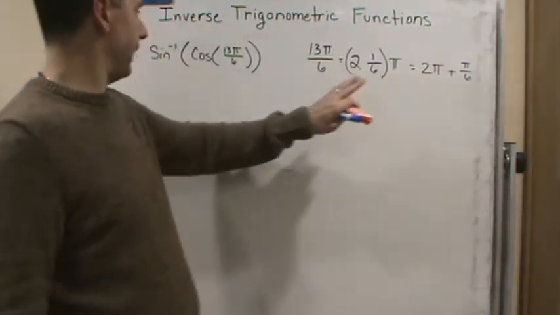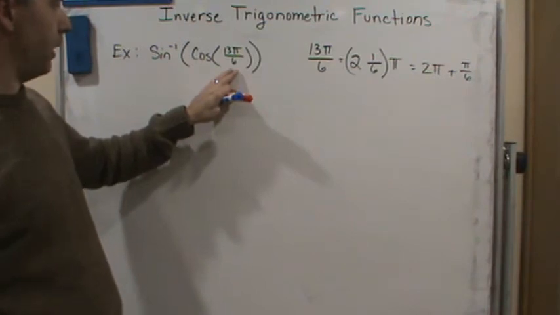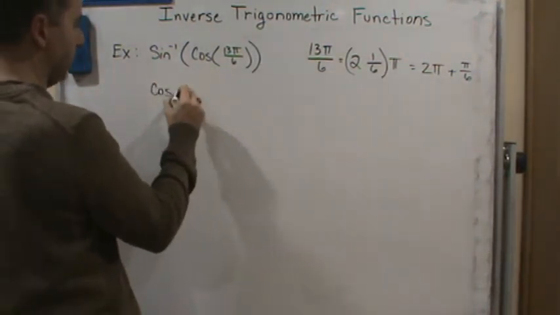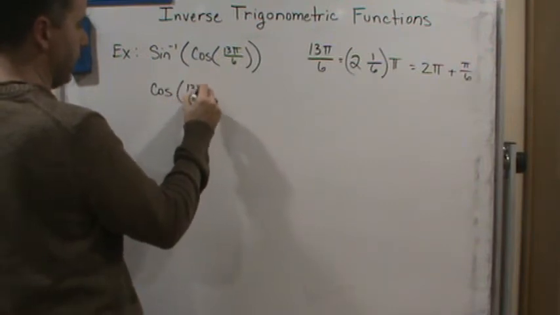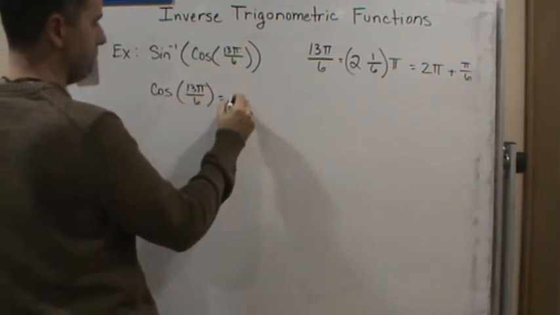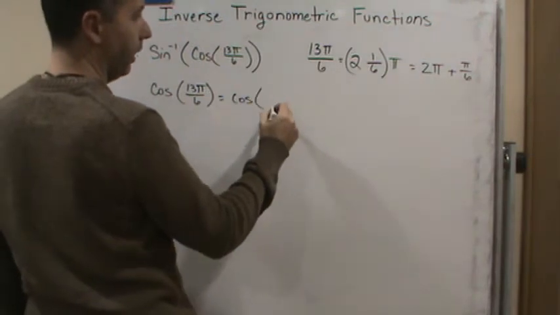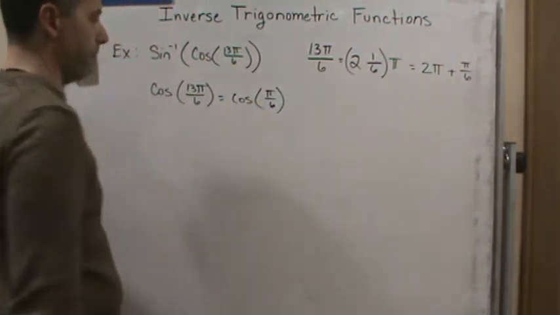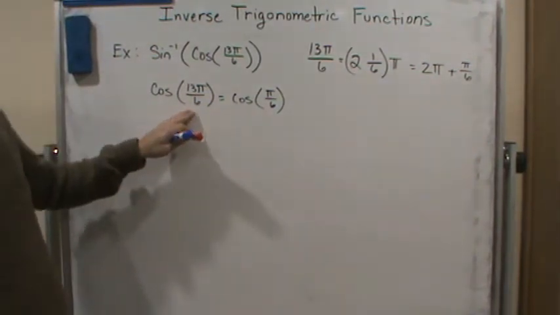So that means cosine of 13 pi over 6 is equal to cosine of pi over 6. It's just a coterminal angle, right?